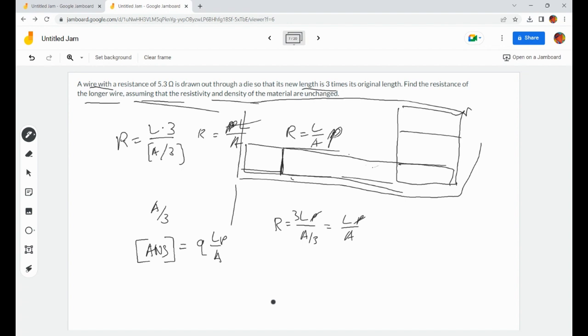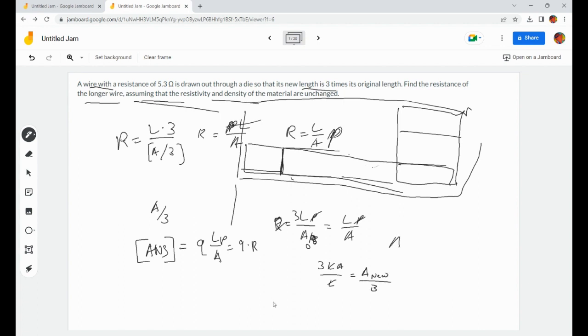Which means it's 9 multiplied by the original R, but we won't talk about that. So then we can get rid of this one because the resistivity did not change. Now let's do 3L divided by A, L cancels out, equal A new.